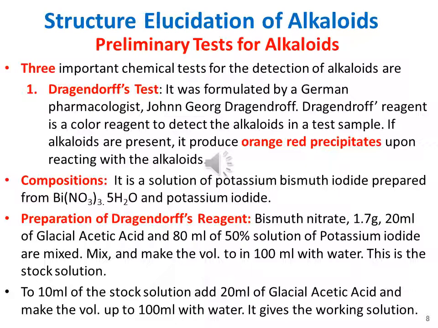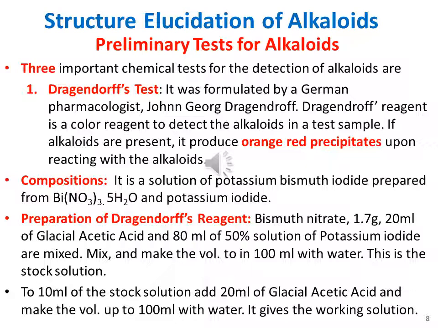Mix these reagents very well and make the volume up to 100 ml with distilled water. This will be your stock solution. Take out 10 ml of this stock solution and add 20 ml of glacial acetic acid and make the volume up to 100 ml with distilled water. It will be your working solution.